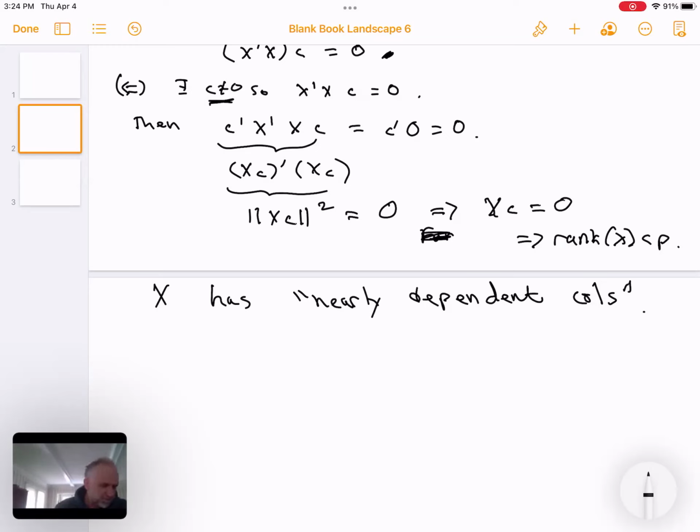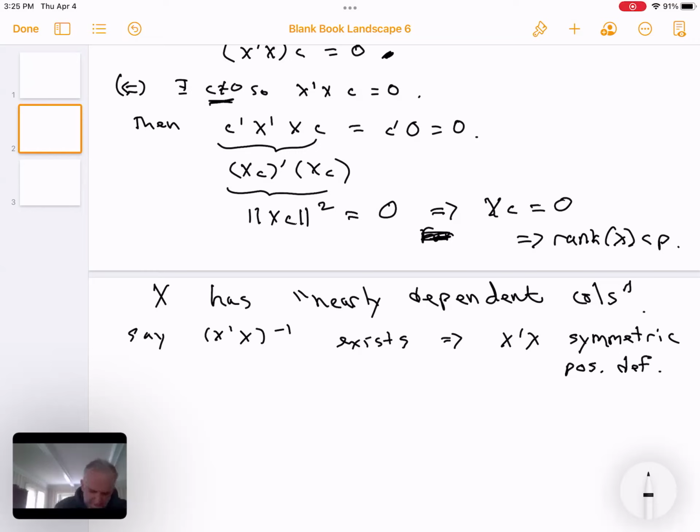X prime X inverse exists, which implies that X prime X is symmetric and positive definite too. And if you don't know this stuff, it's okay. But if you do, it's good to know.